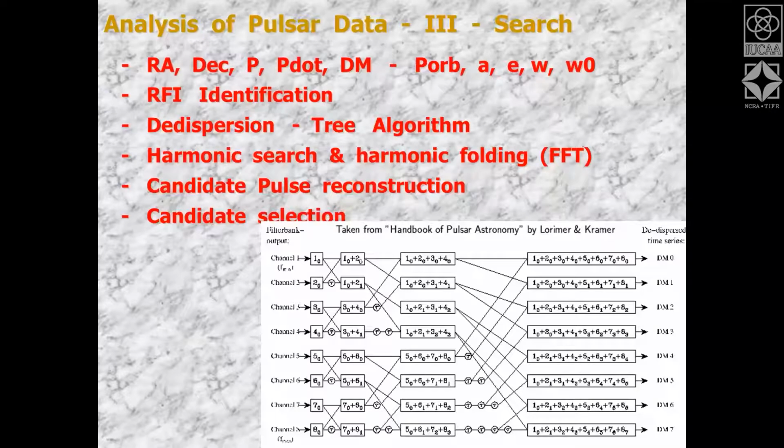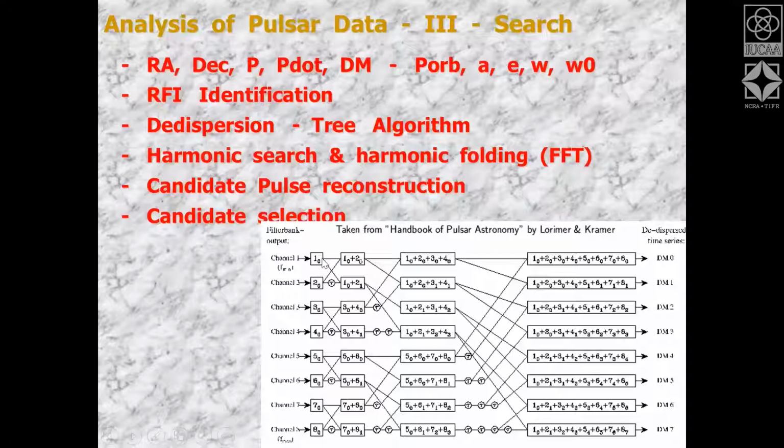The remaining 3 parameters, P, P dot and DM, are found by analyzing the pulsar data for a given pointing, where you already know the RA and DEC. Since we don't know the DM, as I said earlier, you will assume a large number of trial DMs. You will start from 0 and go up to a certain DM and divide it into so many trial DMs, and you will process the time series for each of the DMs. Once you have de-dispersed the time series for a given DM, you will do a harmonic analysis to determine its period and period derivative.